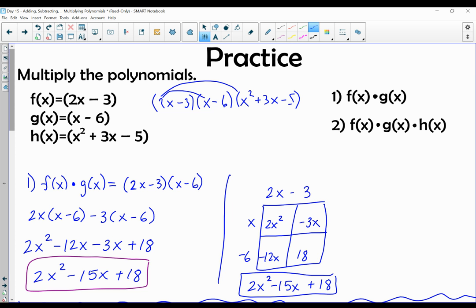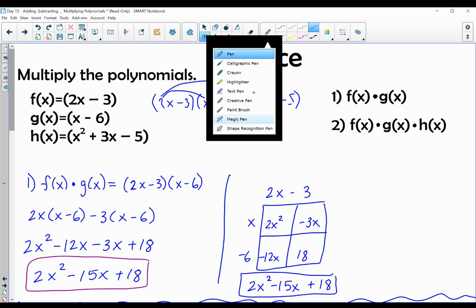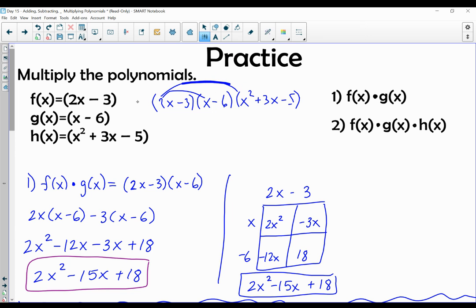What you need to do is multiply these two together first, 2x minus 3 times x minus 6, or you need to multiply these two together first. I'm specifically talking about question number 2 where you're multiplying all three together.